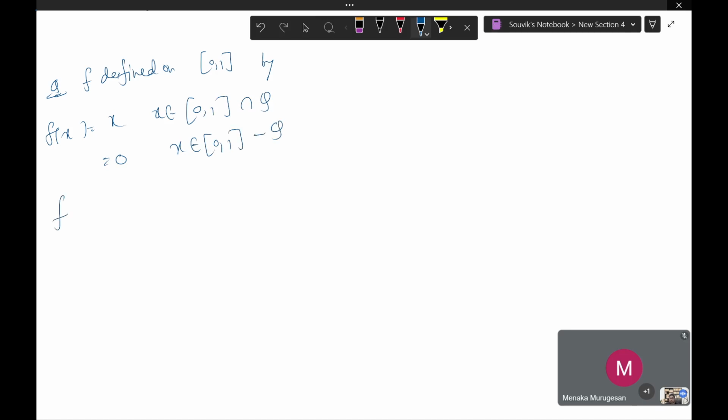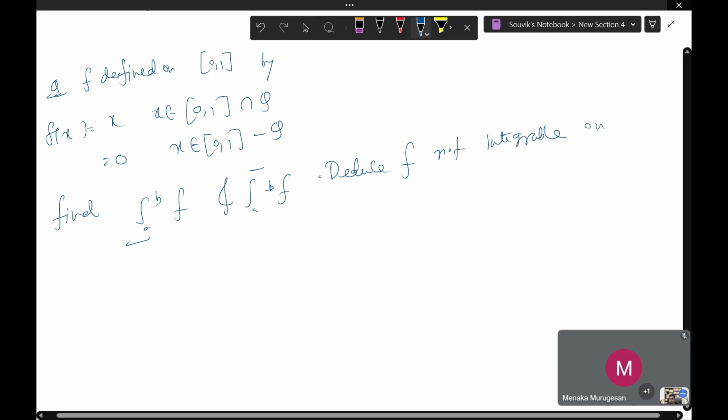So the questions are: find the lower integral and upper integral, and deduce that f is not integrable on [0, 1].